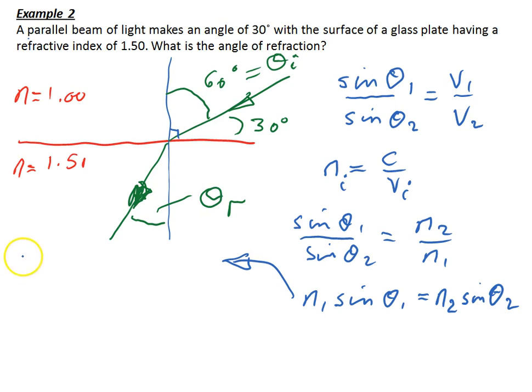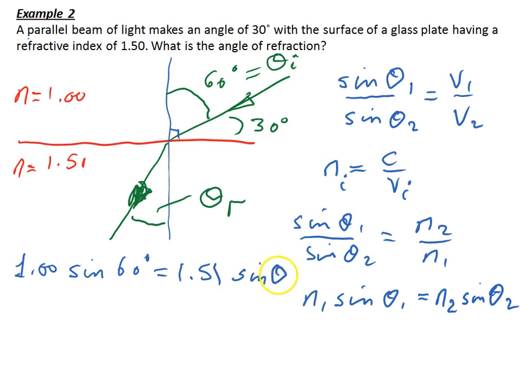So we have refractive index in air 1.00 times the sine of 60 degrees is equal to, and I'm going to run out of space, 1.51, which is the refractive index in glass, times sine theta r.